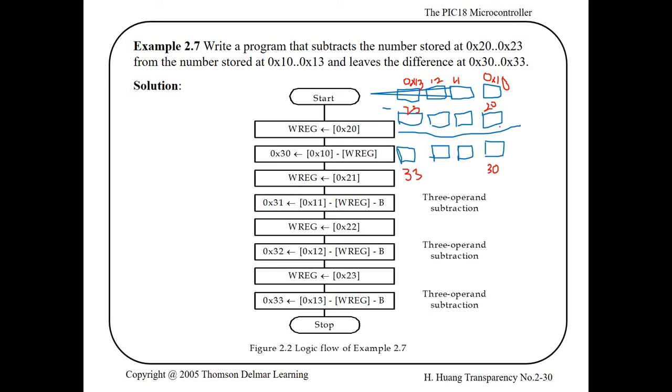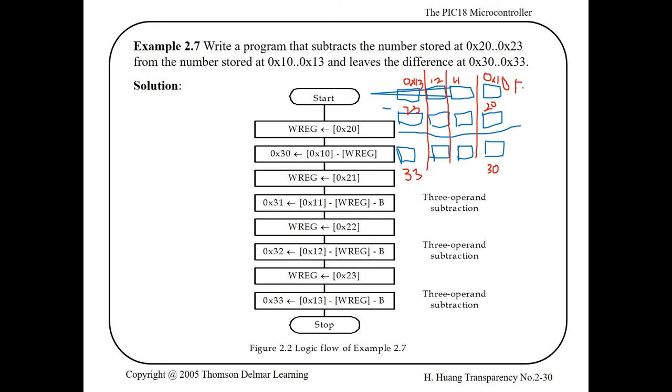So the same principle applies here in the sense that you have to do this byte by byte. Now, when you want to subtract this, we will use the SUBWF. So SUBWF means what?